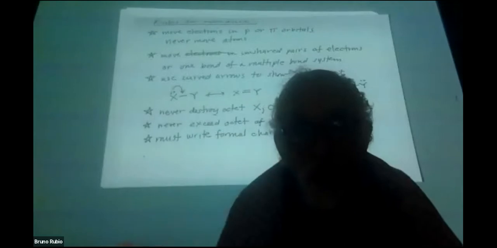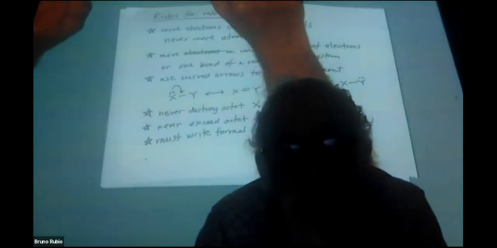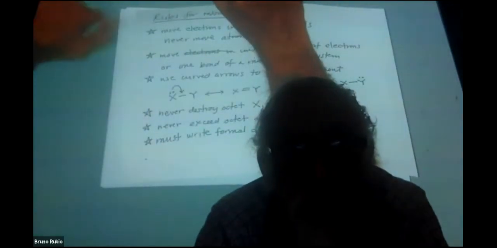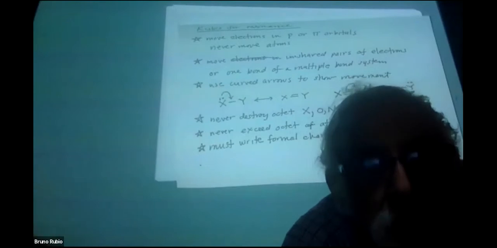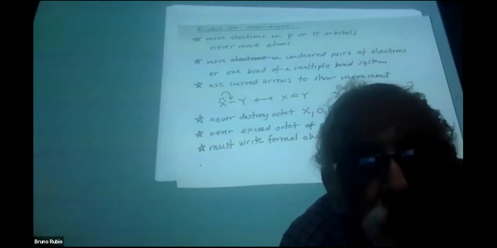Okay, so trying to deal with some of these questions on the chat. Could you put the previous page up? All of those rules, this one? With the example of X to Y to show movement, why is that possible, but the carbon-to-carbon arrow movement is not allowed?